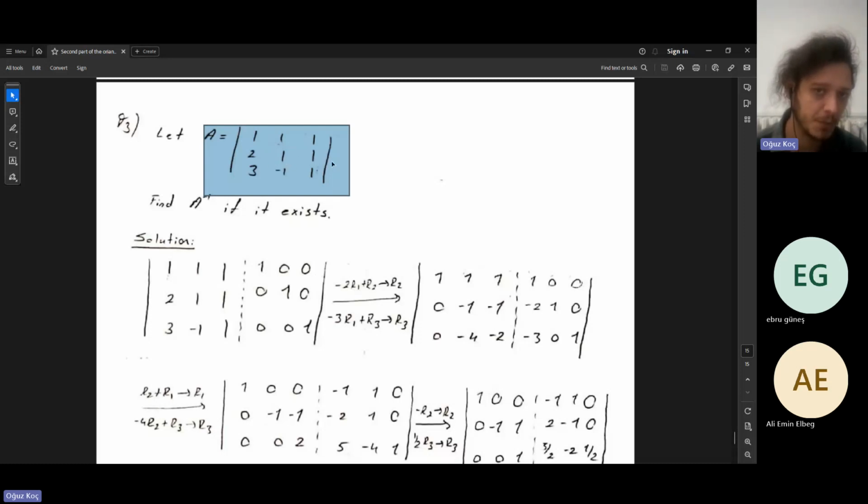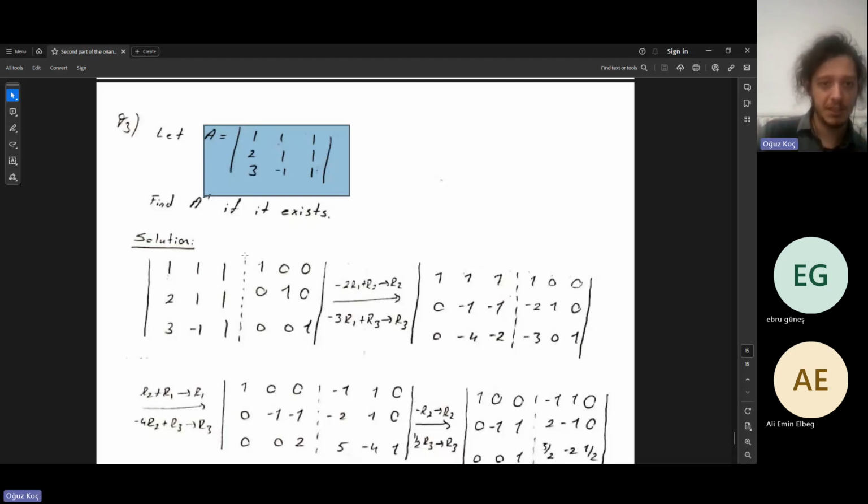This is a 3 by 3 matrix here, and therefore we need to put an identity matrix of the form 3 by 3. As we mentioned previously, the diagonal values of the matrix have to be 1, and the others have to be 0. And then our aim here is to obtain an identity matrix in here by using the matrix operations.